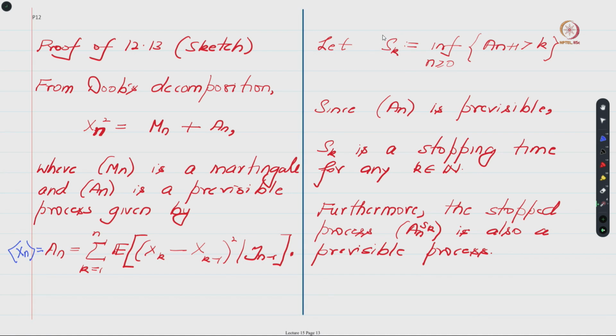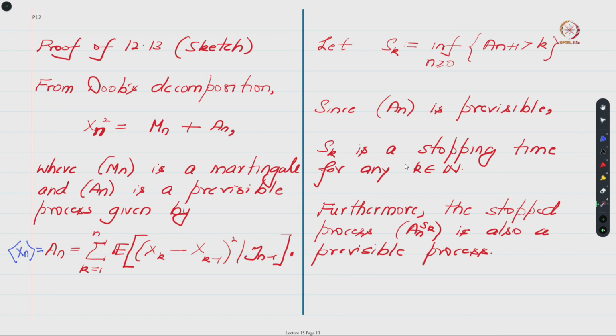Let S_k be the first time where A_{n+1} is strictly bigger than k. Notice this plus 1 over here, which plays a very crucial role throughout this proof. One can check that because A_n is predictable, even though you have n plus 1 over here, S_k is actually a stopping time for any k.